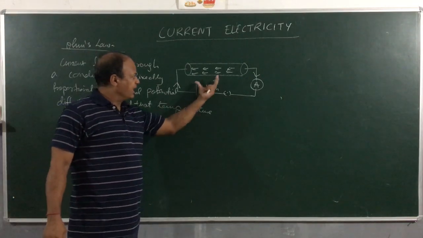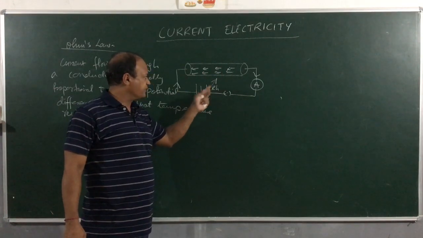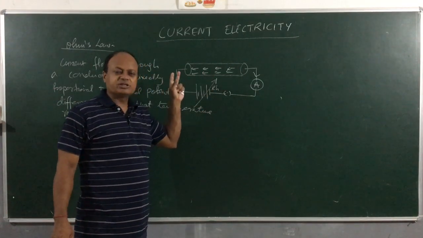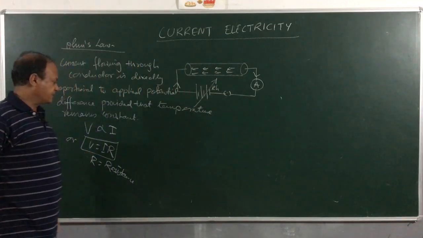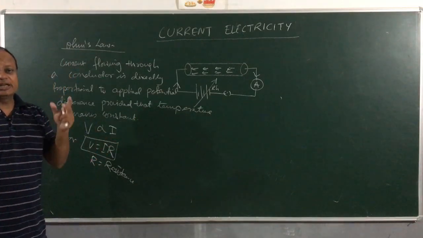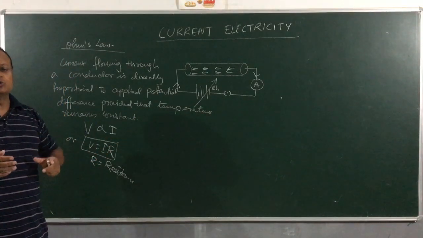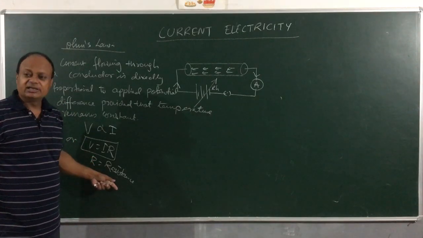As an electric wave is set up through the conductor, because of the application of potential difference, all the electrons set into motion simultaneously and a current starts flowing through the circuit. Now when electrons are moving through the conductor, the metal has a natural tendency to oppose the flow of electrons, and that is called resistance.